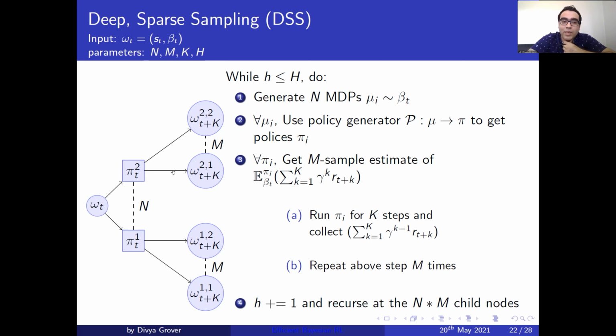So essentially we build a deeper tree, but it's also sparse, because we do a meta algorithm and we don't consider the square nodes as actions but as policies, and we use them to do a k-step lookahead where k can be 5, 10, 15.